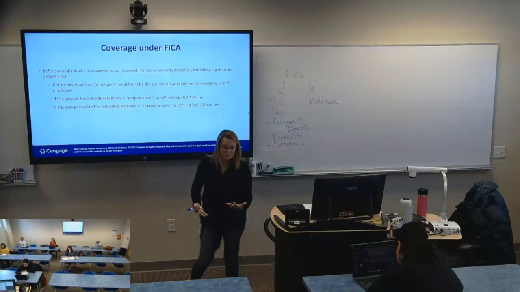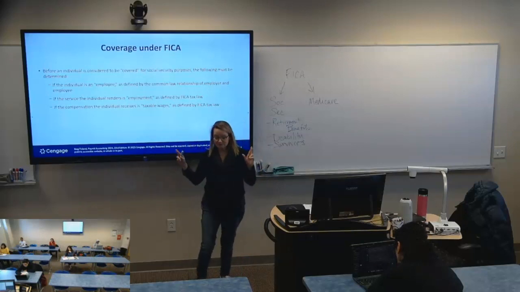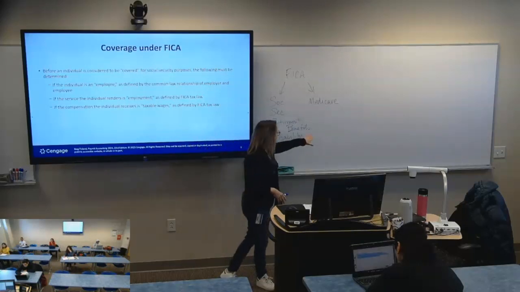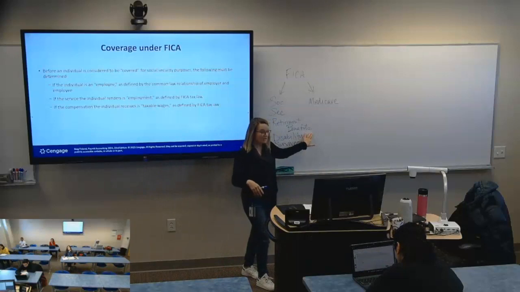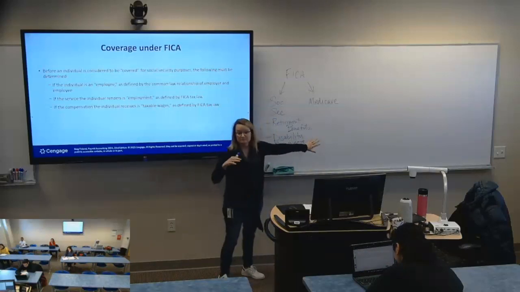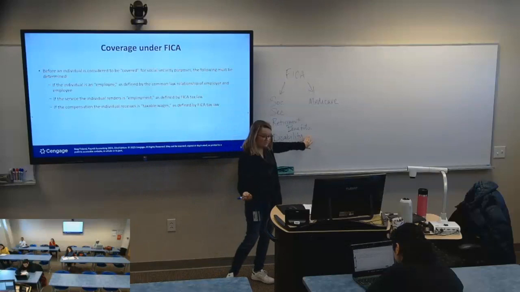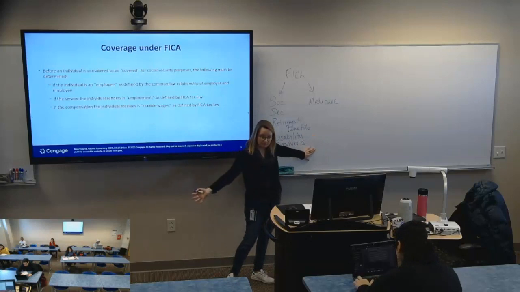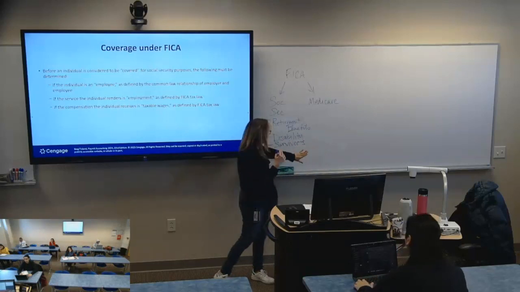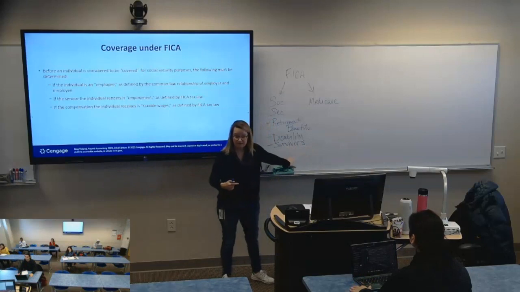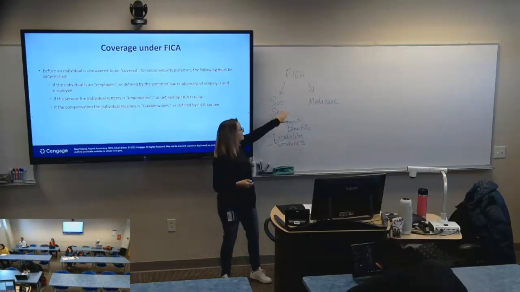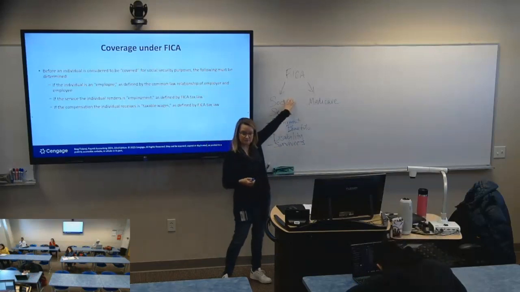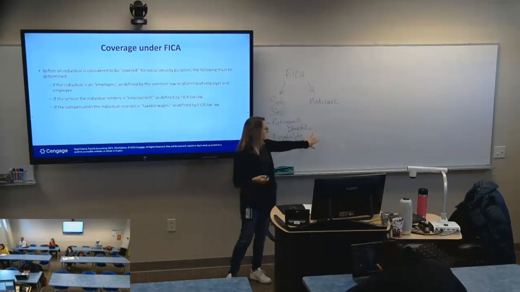When we work, we pay into it, and then hopefully, fingers crossed, when we retire, we're going to receive those benefits. If we need disability benefits, hopefully we receive those. And, God forbid, if our spouse dies and we have dependent children, we would receive some survivor's benefits as well. So the money is taken out of paychecks, and then it goes to pay for these types of benefits.